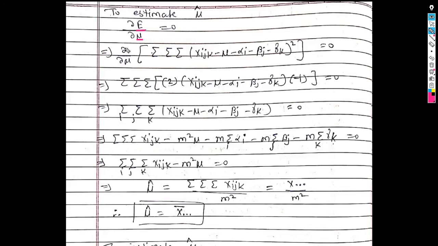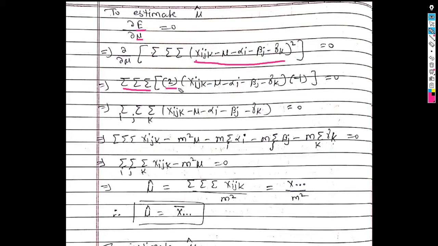Let us consider the partial derivative of E with respect to mu. The value of E is the summation of the bracket xijk minus mu minus alpha i minus beta j minus gamma k, bracket squared, and equate it to 0. Now differentiate this bracket term with respect to mu. Write the summation outside the derivative sign and take the derivative of this term.